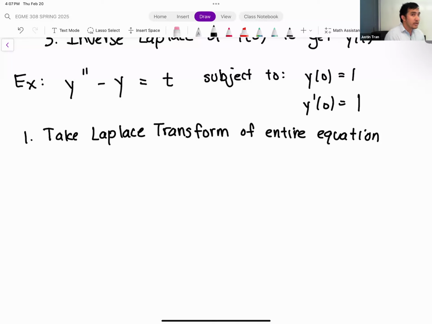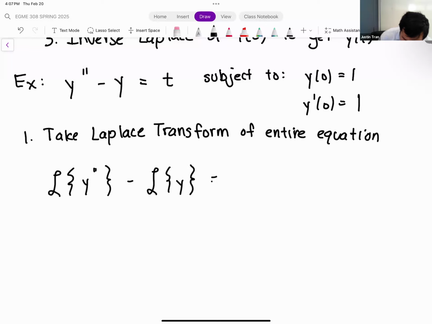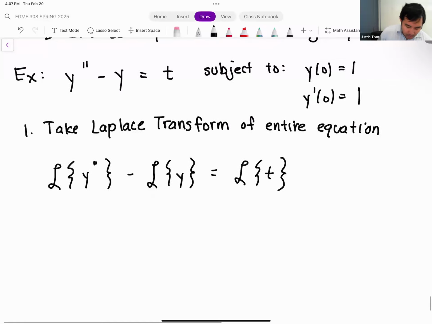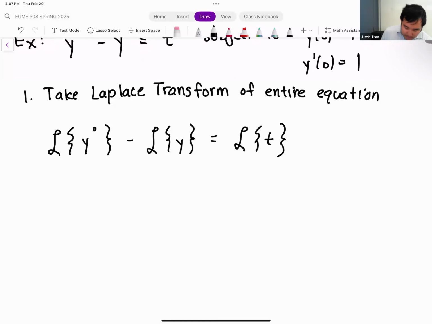Remember, the Laplace transform is a linear operator, so that means all the rules of linearity apply to it. Okay, so we're going to take the Laplace transform of y'' minus the Laplace transform of y is equal to the Laplace transform of t.